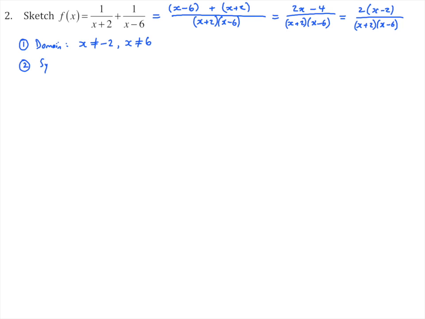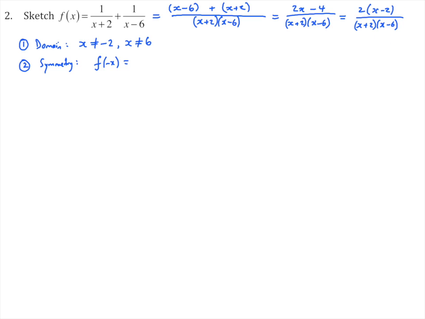Let's check the symmetry. So let's try f of minus x into this bit here. If I do that, actually, I could do it there, or I could do it on the original. It wouldn't really matter, but let's put it into this one here.